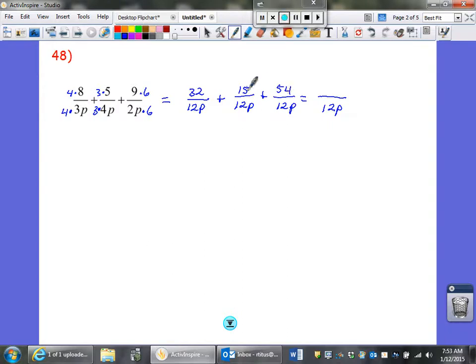Well, if I add 50 onto 47, I'm on to 97, plus 4 more gets us 101. Now, your final answer for number 48. Let me just make sure everything is done correctly. Yes, it is 101 over 12p. And that completes number 48.